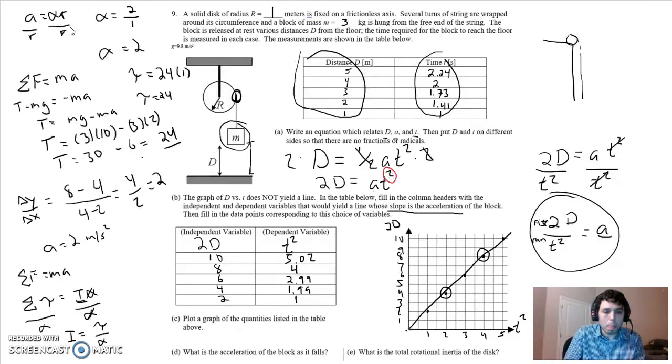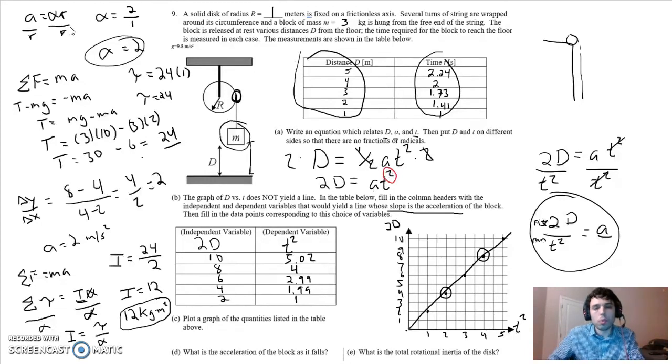I equals the torque, which was 24, divided by the angular acceleration, which we found up here to be 2. So I plug that in, and I find that my rotational inertia will then be 12. So my answer is 12 kilograms times meter squared. And there we go. Not too bad at all.